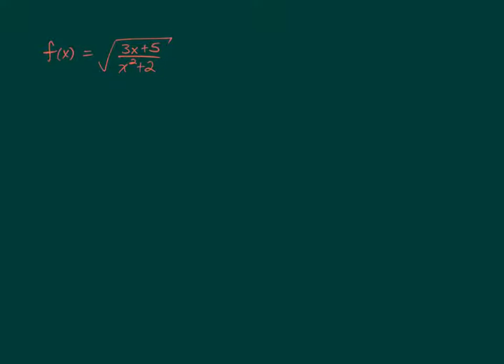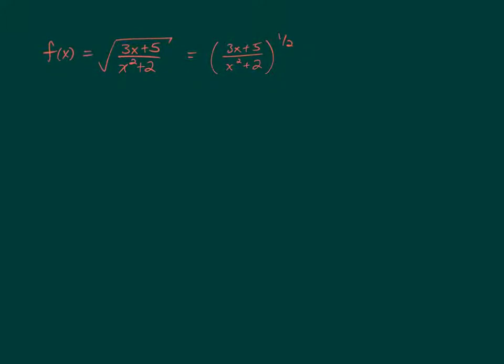So the first thing we want to do here is rewrite it so that this looks like (3x plus 5) over (x squared plus 2), to the 1/2 power.